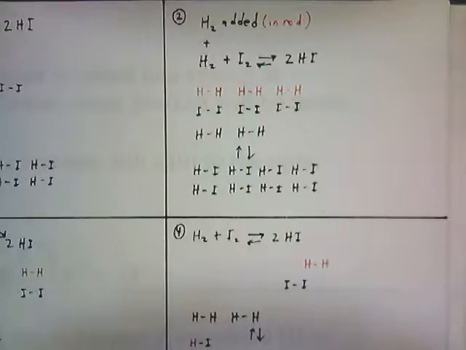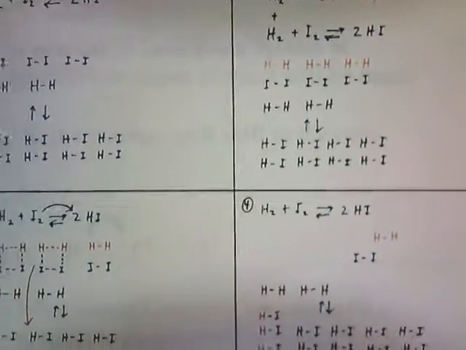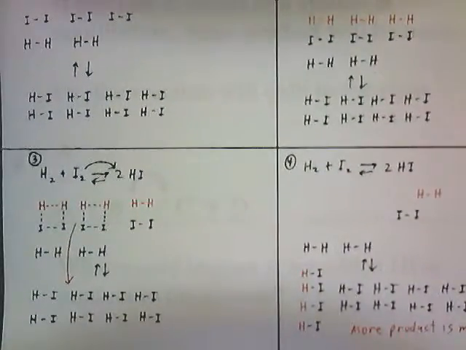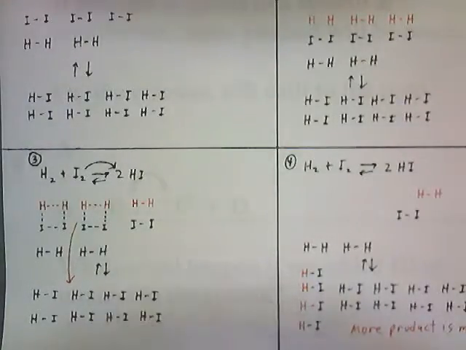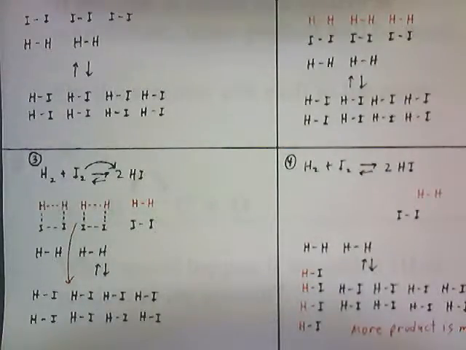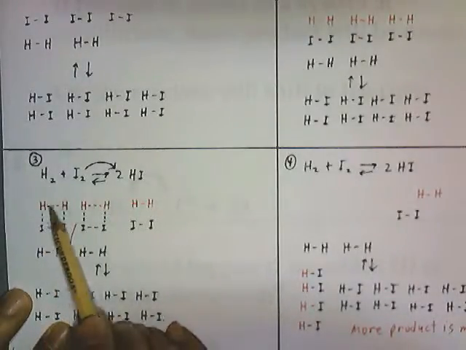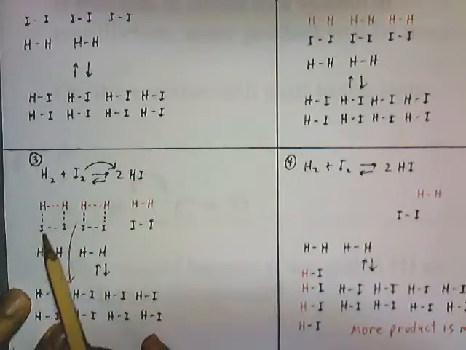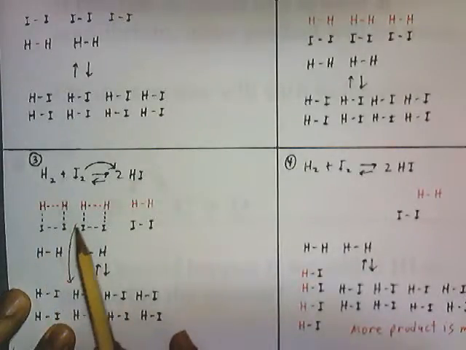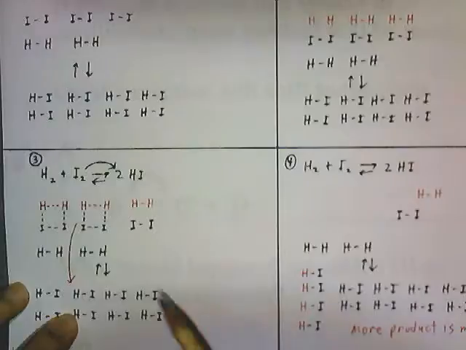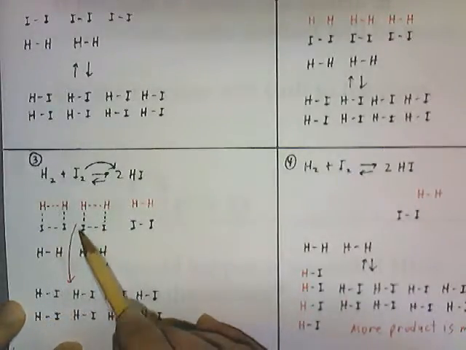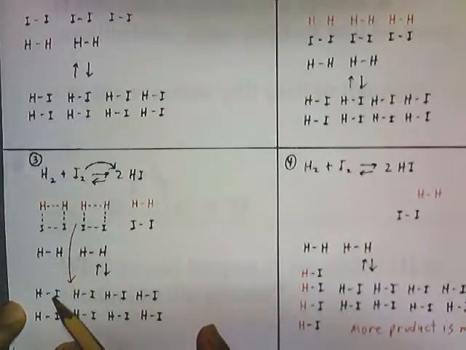And then picture number 3 shows that when H2 is added, it reacts with I2 to produce HI. So these H2s that have been added, they react with the iodine that's already there. And when they react with the iodine that's there, it produces more HI.